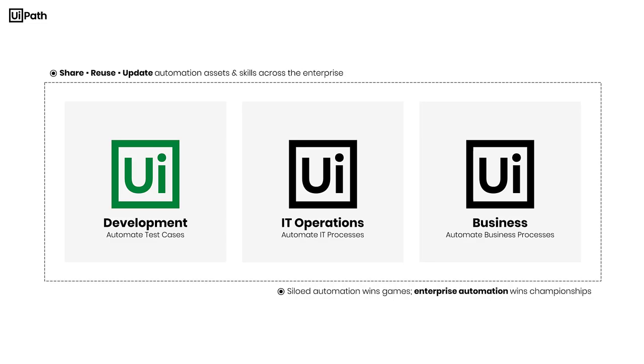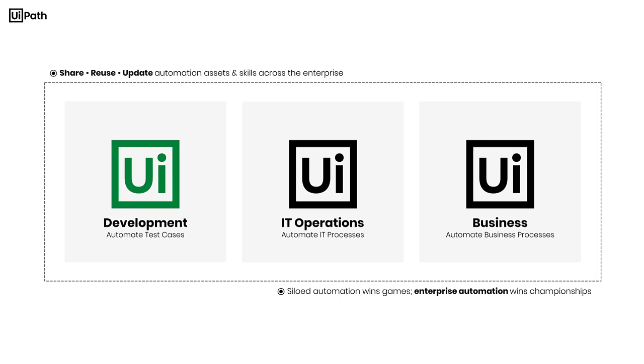So it's the missing link that enables you to share and reuse automation assets as well as skills across the enterprise, which in turn makes the update of automation assets become an easy task. Now, the key here is that you can only do that with one single solution, and that's UiPath. Well, how else would you be able to share and reuse automation assets? Well, you simply couldn't do that.